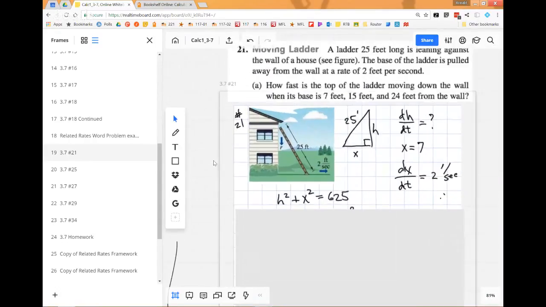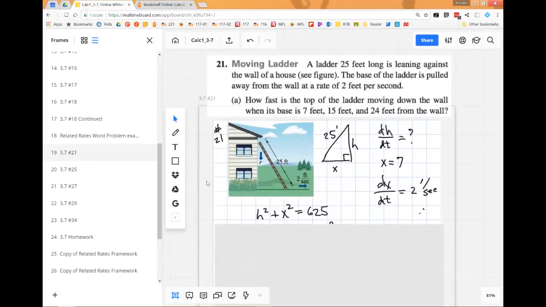We looked at the setup of this yesterday. This is this moving ladder. Sounds really dangerous, leaning up against a house. And the ladder is sliding down and sliding out as the arrows indicate. The rate it's sliding away from the house down here is 2 feet per second. The ladder is, of course, a constant length of 25 feet.